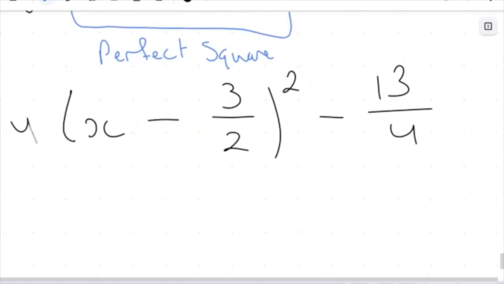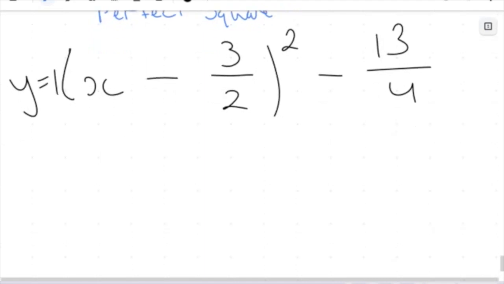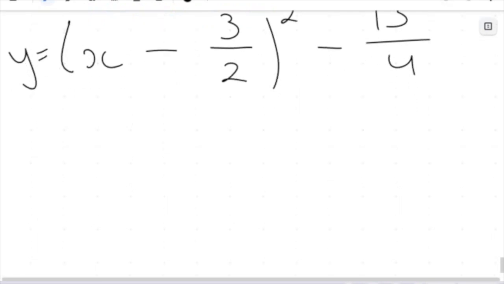So now we have this in the same form as before. And this tells me right off the bat, now that we're used to this, we can just read off what the turning point is going to be. First of all, this number in front of my x minus 3 on 2 all squared is 1. So that means I have a concave up parabola, meaning I have a minimum turning point.